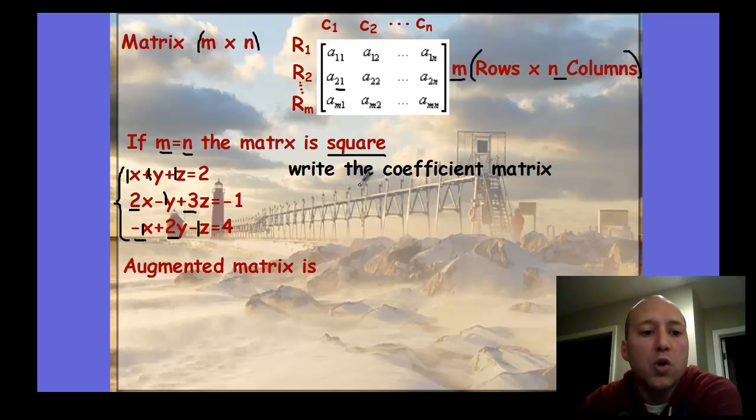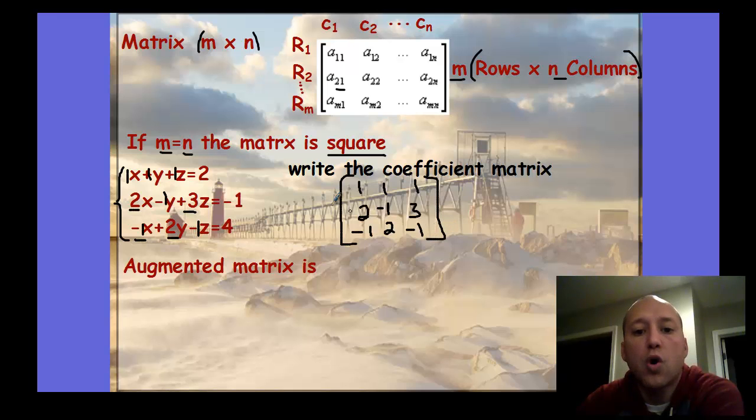So those numbers would create our coefficient matrix. And so I'm writing each of the equations as a row. And when you look at that, each of the columns are going to be the variables. So this first column is the x column, then a y column, and a z column, the coefficients for those variables. And each row is an equation. So this is a coefficient matrix.